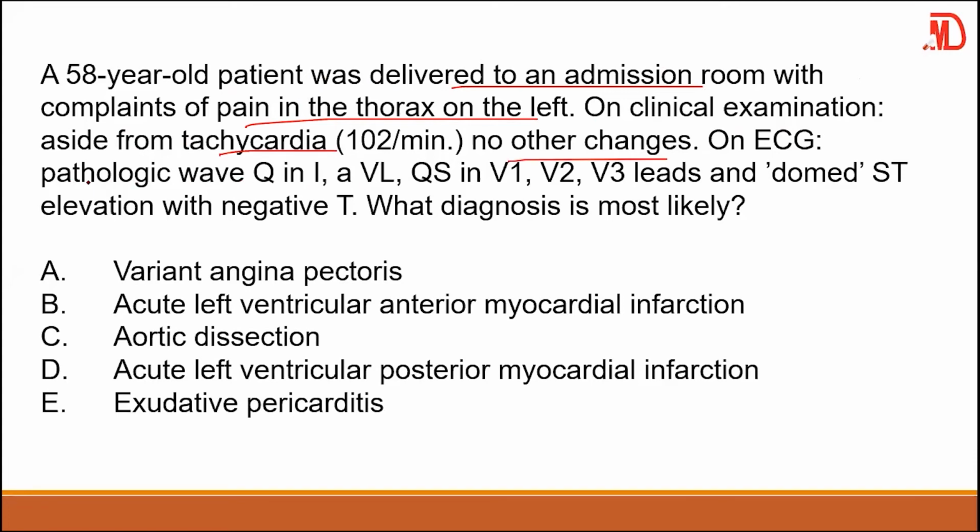On ECG, there is a pathologic Q wave in some leads and ST elevation with negative T. Anytime you think of ST elevation or ST depression, myocardial infarction, MI, comes to your mind. This is classic for myocardial infarction.